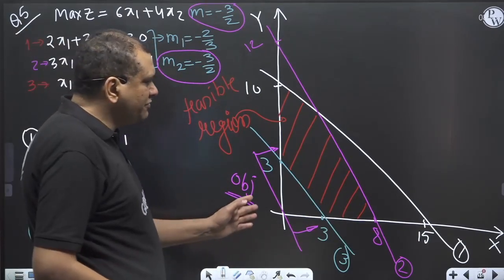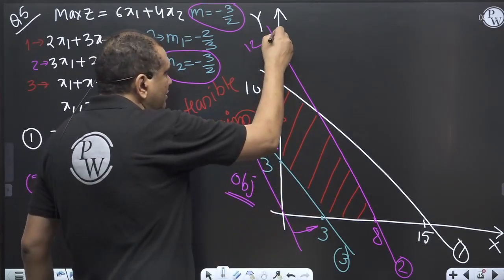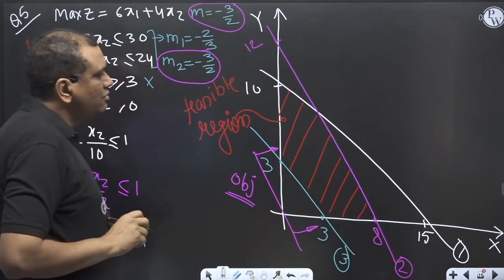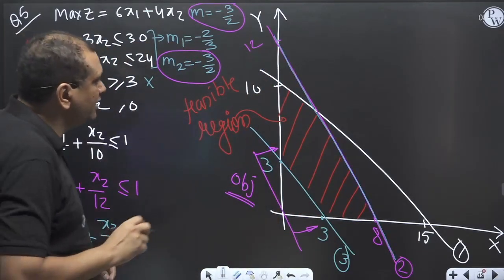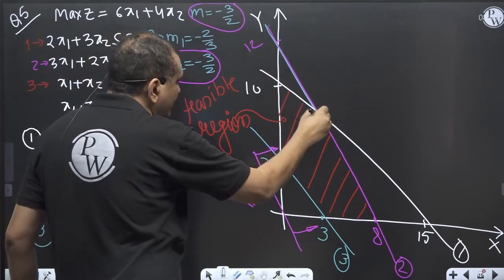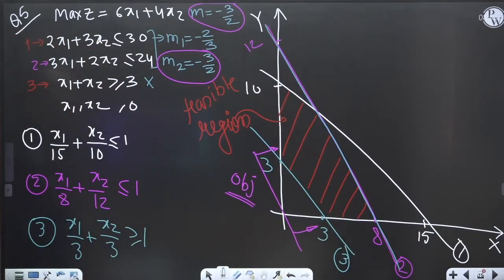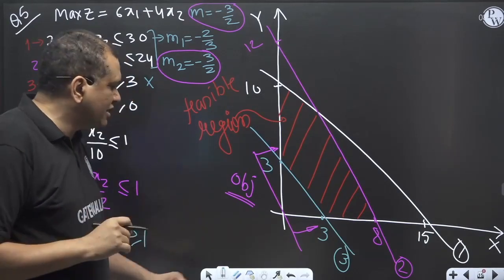So when you are shifting to the farthest point, what will happen? The objective function line will superimpose over the constraint line. See the blinking line? The objective function line will superimpose over the constraint line. So that's what will happen.